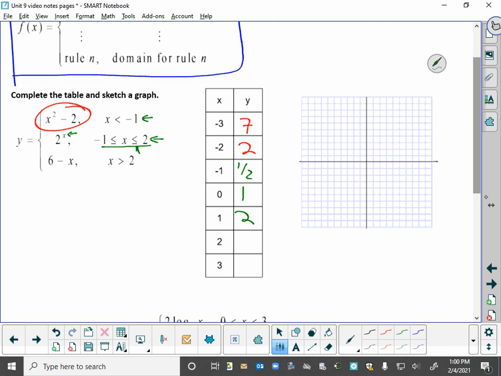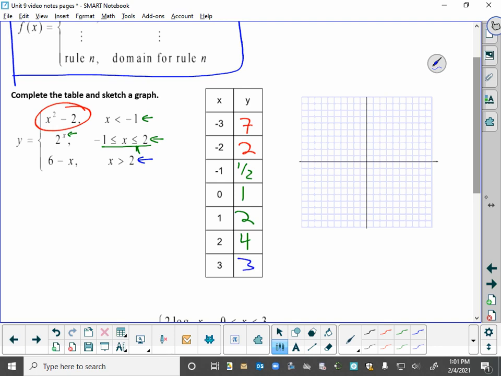So 2 squared is 4. And the 3, however, is bigger than 2, so this is the rule that applies, so I get 6 minus 3, which is a 3.